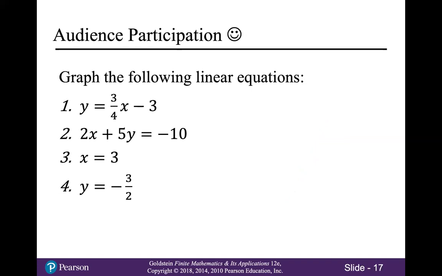All right. So you'll see that a lot of my PowerPoint presentations end in a slide called audience participation. So if we were in a face-to-face class together, what I would do is give you a few minutes to try these problems and then maybe bribe people with extra credit to come up and do them at the board.